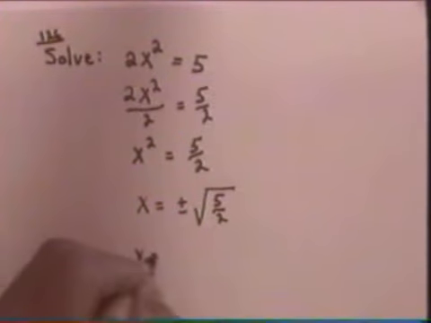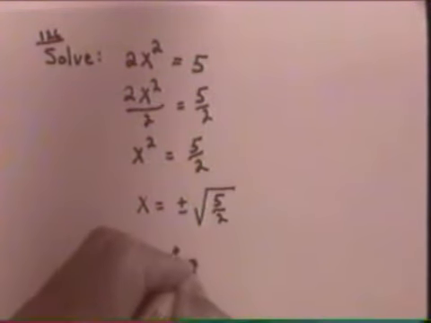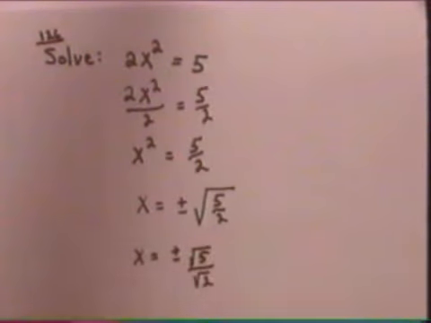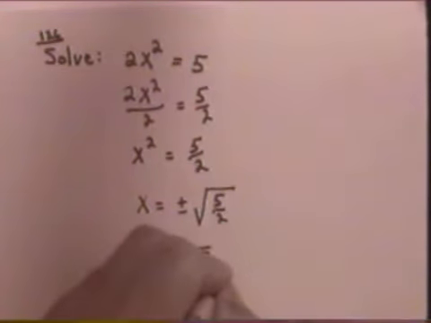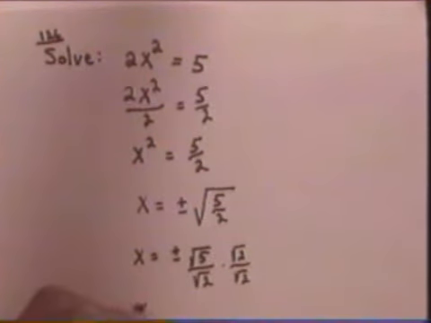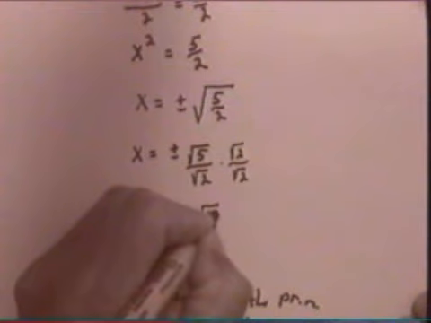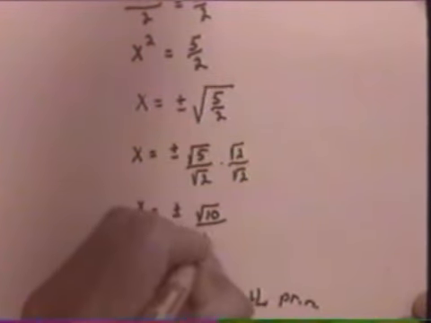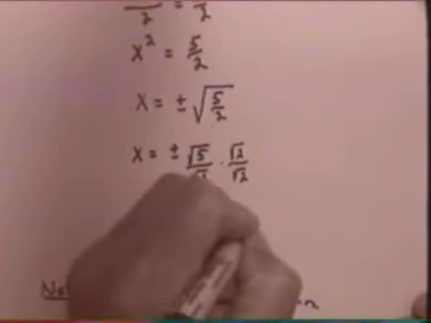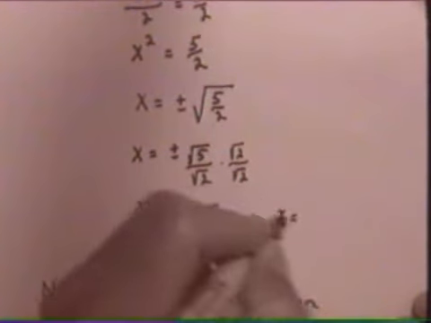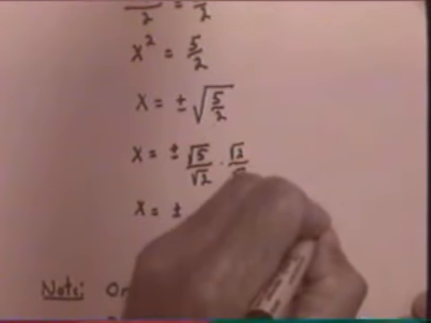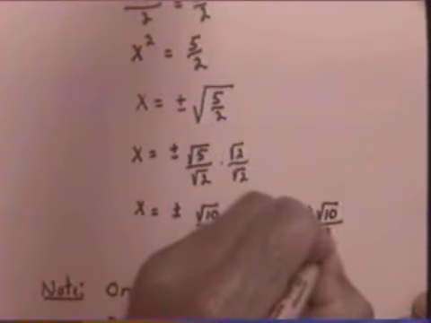Or I get x is plus or minus the square root of 5 over the square root of 2. Rationalize the denominator by multiplying by the square root of 2 over the square root of 2. And I get x is plus or minus the square root of 10 over the square root of 4, or x is plus or minus the square root of 10 over 2.